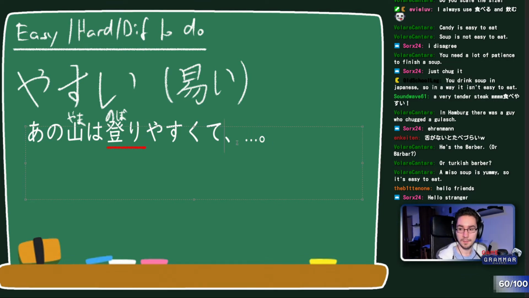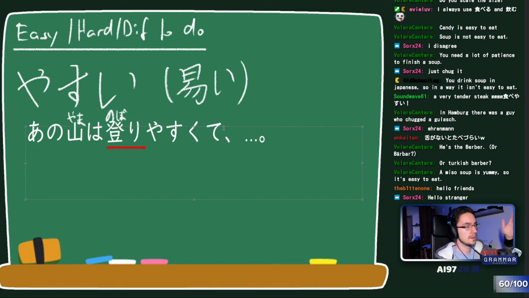We can make it into the te form of adjectives, and now we have a conjunctive and the sentence can go on. あの山は登りやすくてとてもいい景色 or something like that. Or 登りやすくて山頂からすごくいい景色が見えます. The mountain is easy to climb and the view from the top is very beautiful. Something like that, right? It doesn't matter.